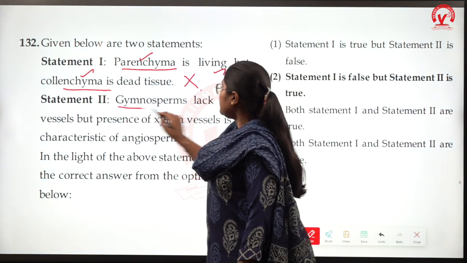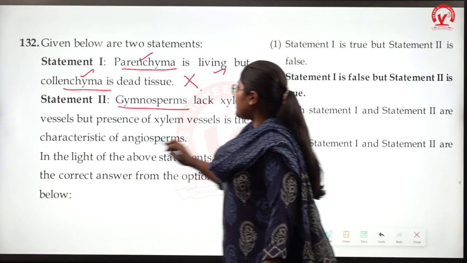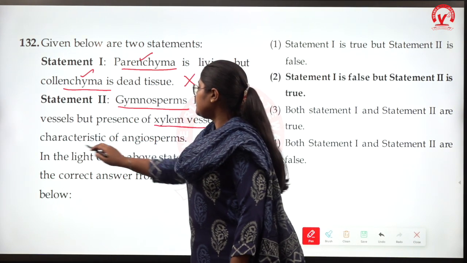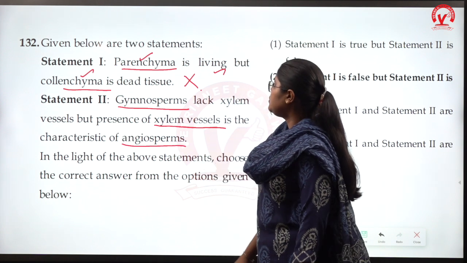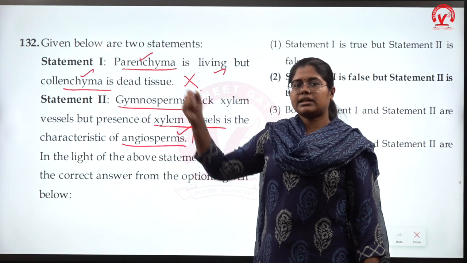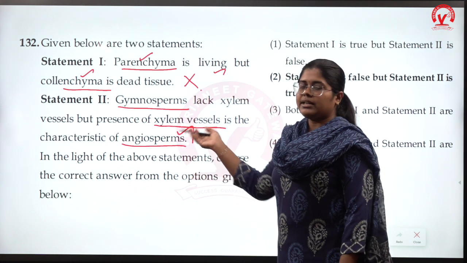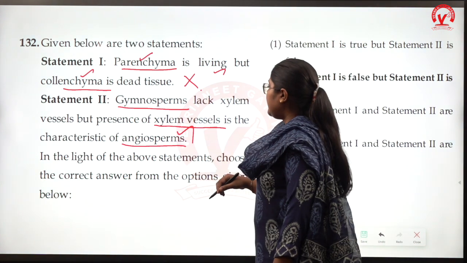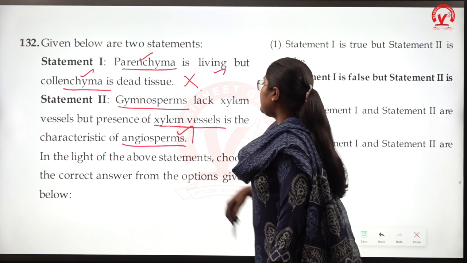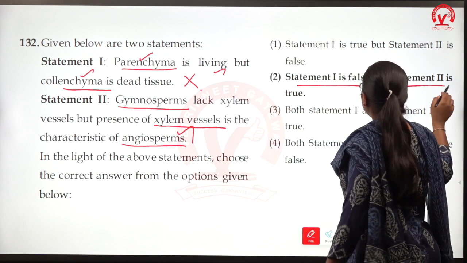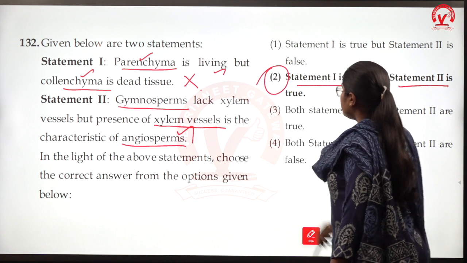In the next statement, gymnosperms lack xylem vessels but presence of xylem vessels is a characteristic of angiosperms, they have given. This is a correct statement because in gymnosperms, tracheids act as the conducting water element. So statement 1 is false but statement 2 is true.